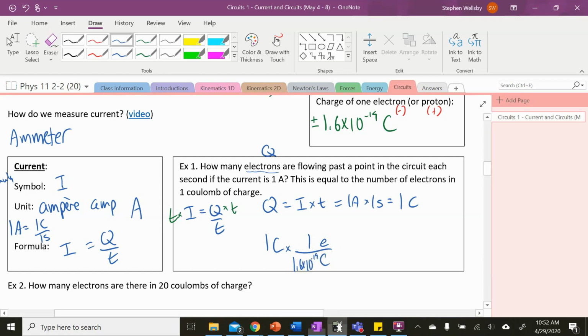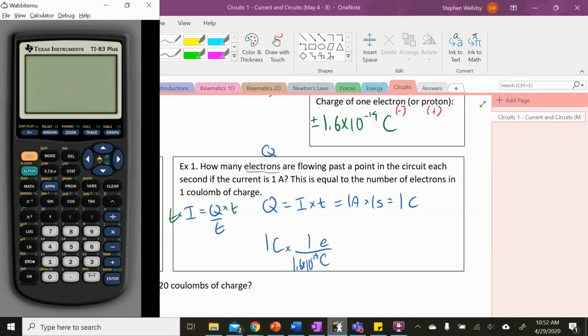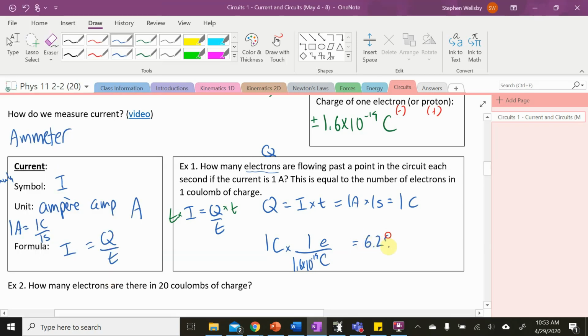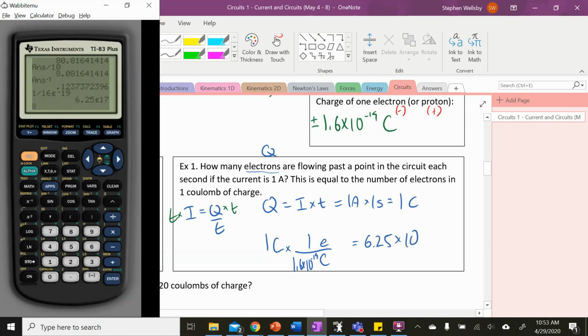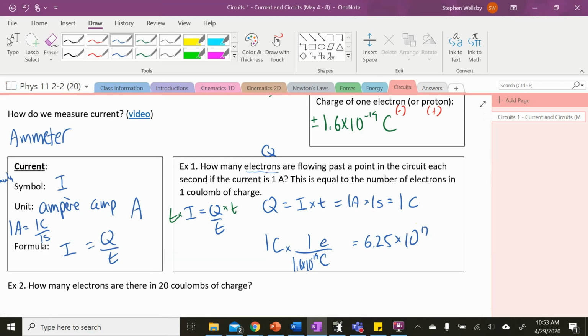And so we have 1 divided by 1.6 times 10 to the minus 19, and that's going to give us 6.25 times 10 to the 17. So this is the number of electrons that would flow past the circuit in 1 second.